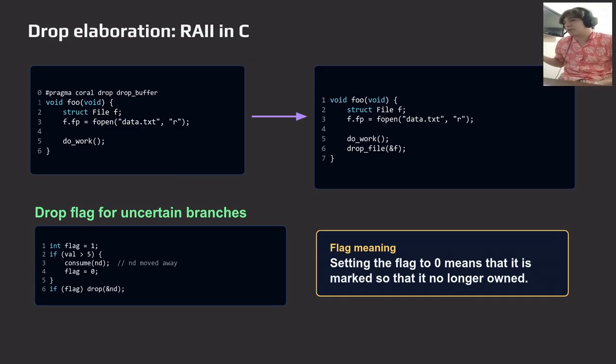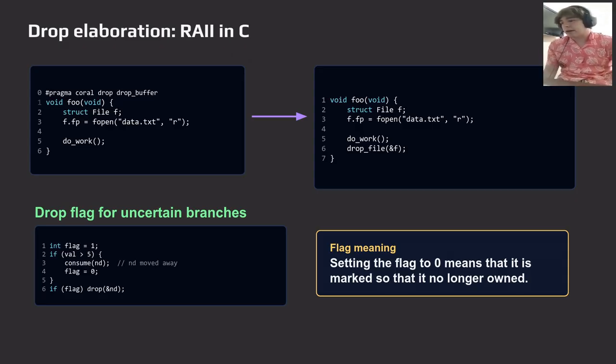The acronym is escaping me at this moment, but basically it's the concept that when resources go out of scope, they clean up their own memory, and I believe resource acquisition is initialization is the full acronym.